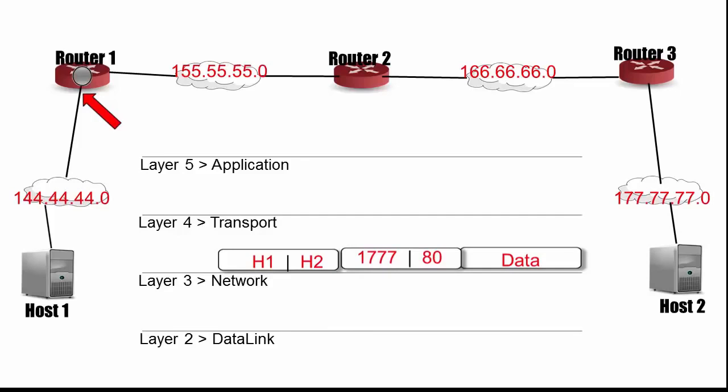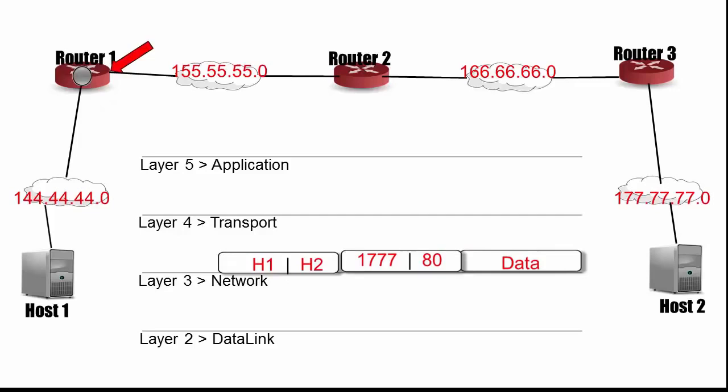At the network layer, the router looks in its routing table to see what the next hop is to get to 177.77.77.1, which is the IP address of host 2. In the routing table, it sees that the next hop is router 2.